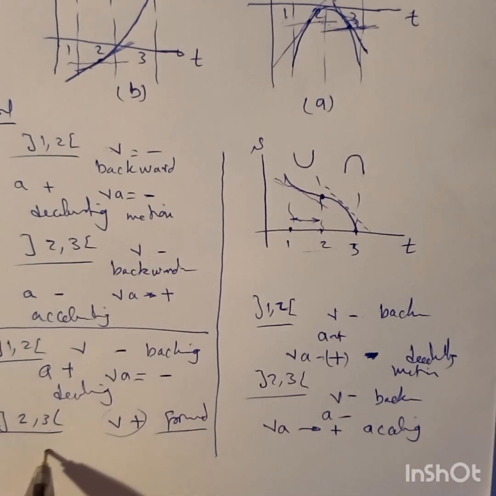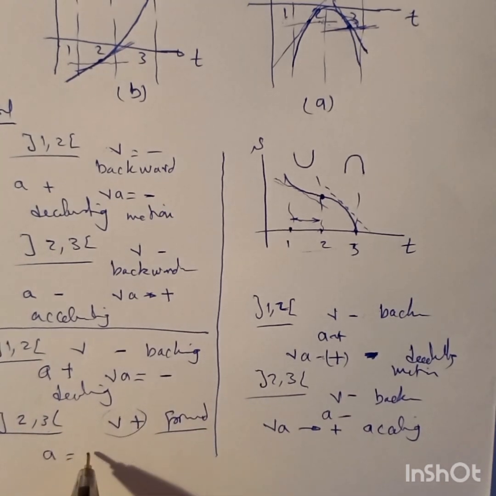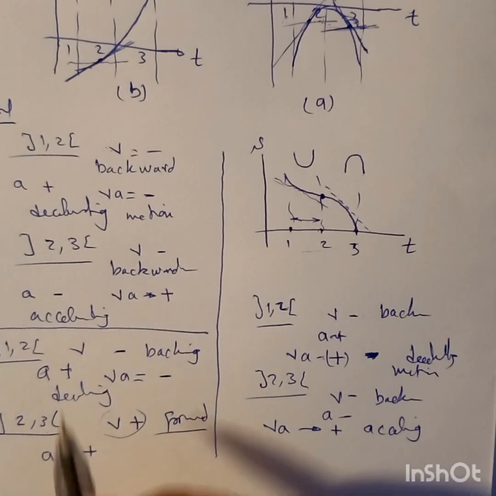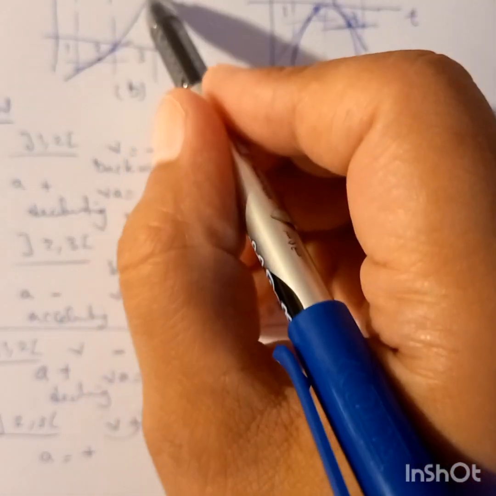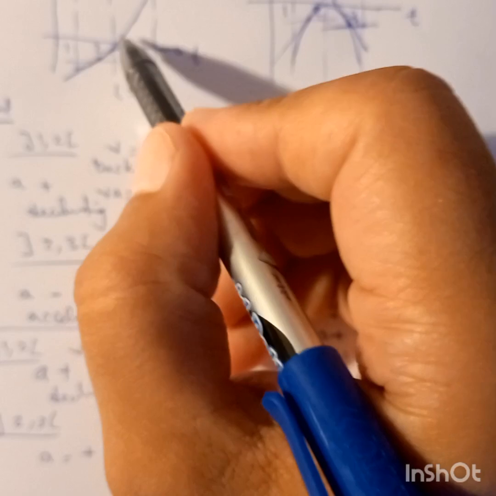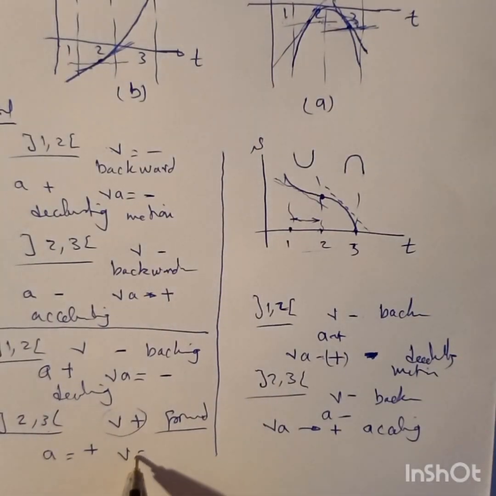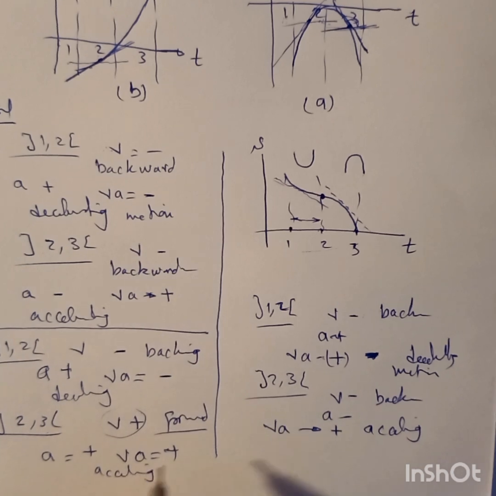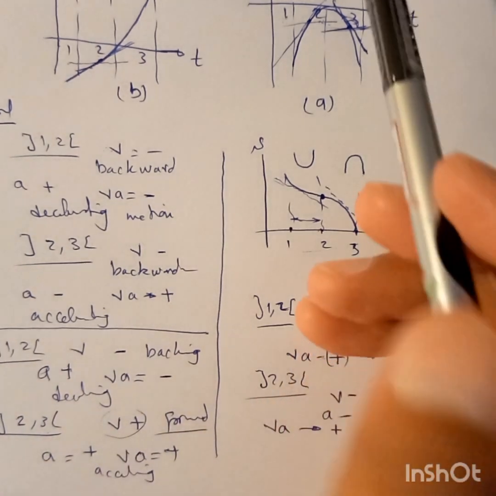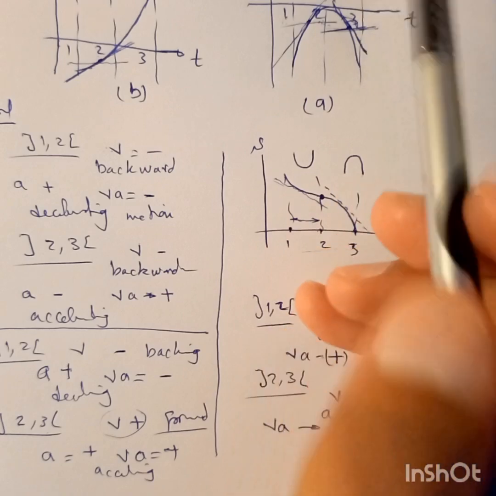And if we find a also, a is positive, as the slope of the tangent of this curve during the 2 to 3 interval is positive, then va is positive as well. Okay, and the motion is accelerating, as this is not matching the data given by the s-t curve.